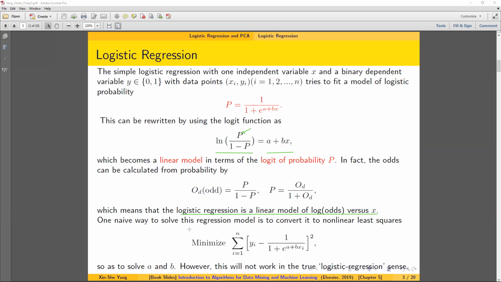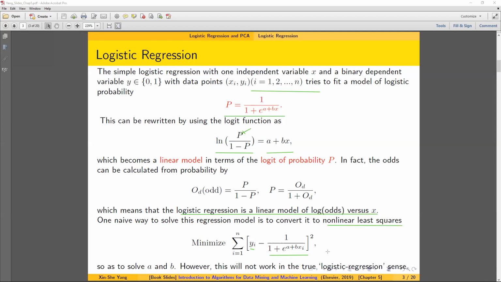One naive way to solve this regression model is to convert it to nonlinear least squares, meaning using each individual observation of whether he purchased or not, minus this probability estimation based on what we discussed here, and then come back with this objective function. And then we can solve a and b, which is a nonlinear least squares that we discussed in the last chapter, how to solve this problem, right?